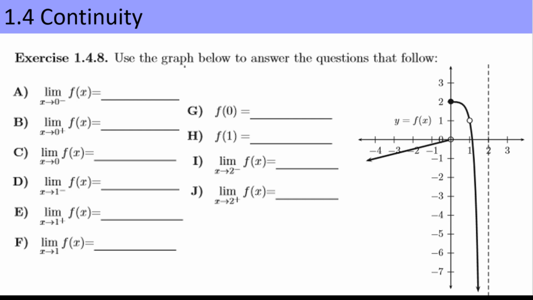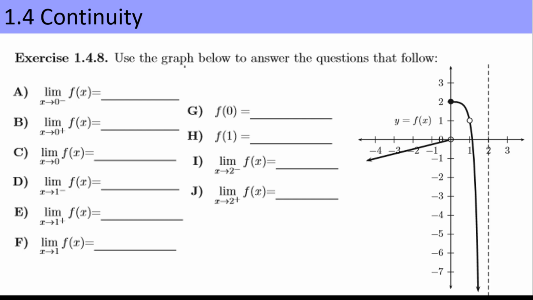Exercise 1.4.8. Use the provided graph below to answer the questions that follow. The description of the graph. The graph is located on an xy plane with the vertical asymptote of x equals 2 drawn with a dashed line. The 2 pieces are: the first, reading from the left, is an increasing line located in the 3rd quadrant, terminating at the origin with an open hole.